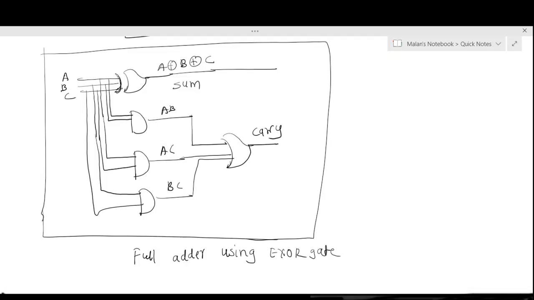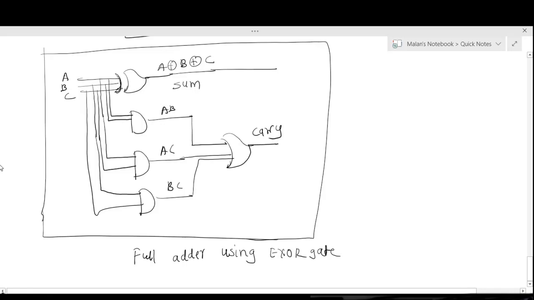Now here we have the simplified sum expression, A XOR B XOR C. The expression representing the carry is AB plus AC plus BC. Now that also we can minimize.